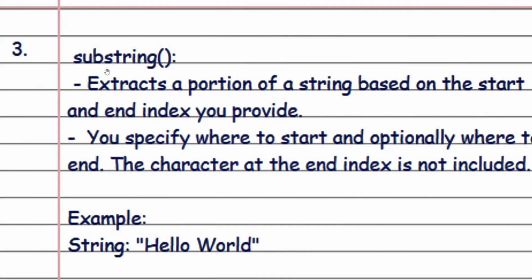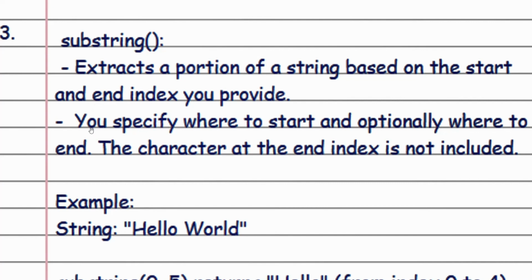So the next method of the string is the substring method. The substring method extracts a portion of a string based on the start and end index that you provide. So basically you have to give two indexes, first the starting index and the ending index, and based on the indexes that you provide, it will extract a portion of the string. You specify where to start and optionally where to end.